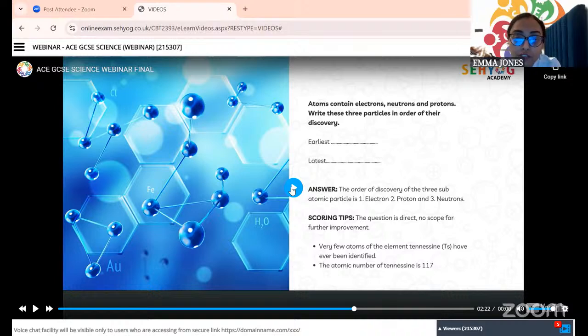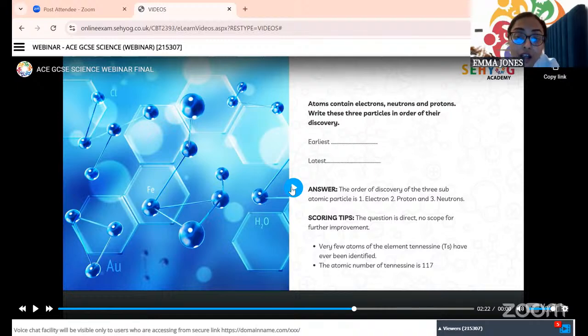When I was talking about the topic, I already mentioned that we are going to discuss the order of discovery also. So not only knowing or mugging up the theories, we have to have the concept and understanding also. We already know that electron, proton, and neutron are the subatomic particles, but we never think about which one was discovered first, right?